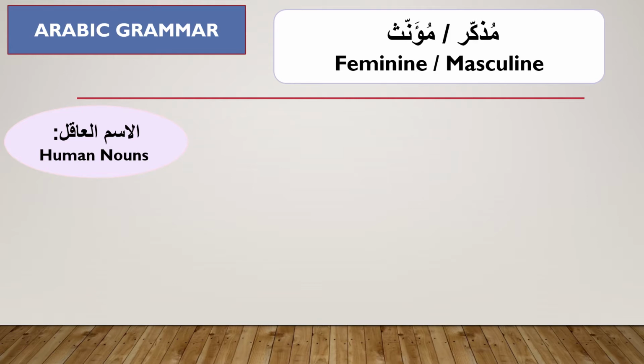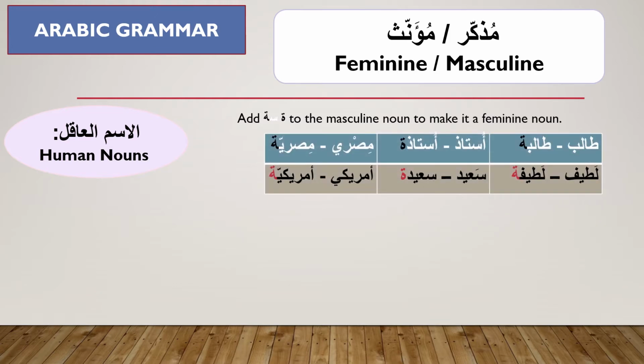Generally, we use the ta marbuta at the end of the noun to mark the sign that this noun is a feminine noun. When it comes to the human nouns, we usually add the ta marbuta at the end of the masculine noun to make it feminine.